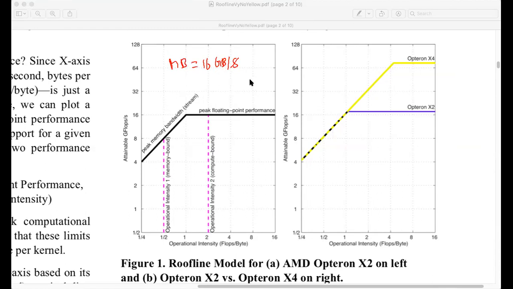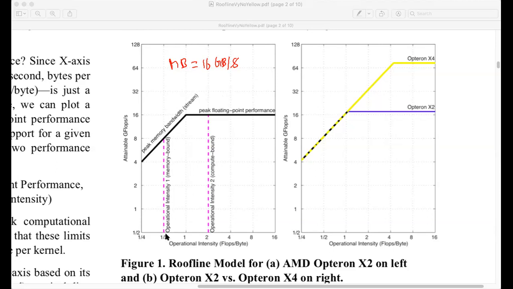So memory bandwidth is 16 gigabytes per second. So if you have an application whose operational intensity is half, that is, the operations per byte is half, that is low operational intensity.